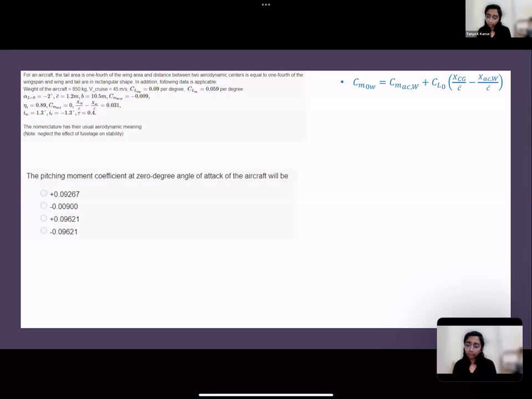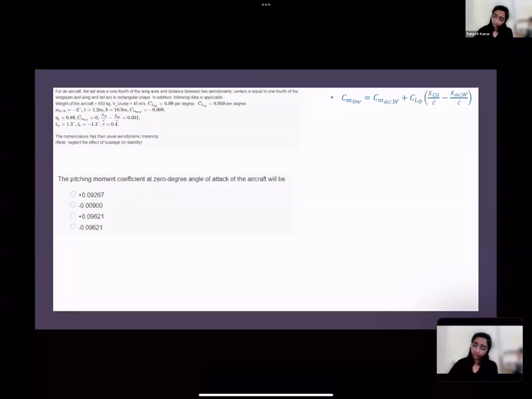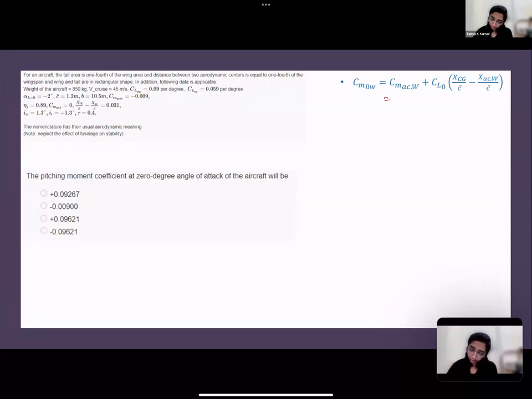So Cm AC of the wing is given directly to you, right? Cm AC of the wing is minus 0.009. CL naught, how do you find out CL naught?